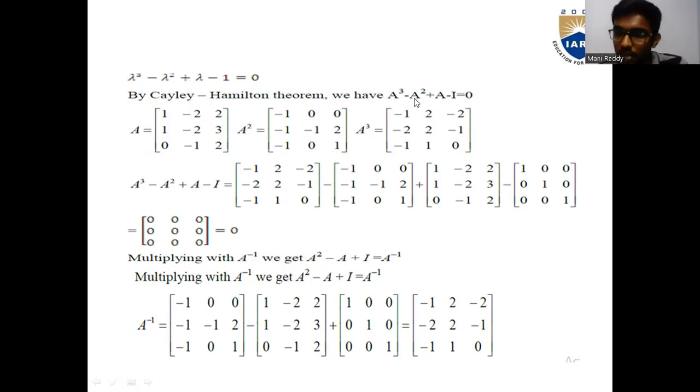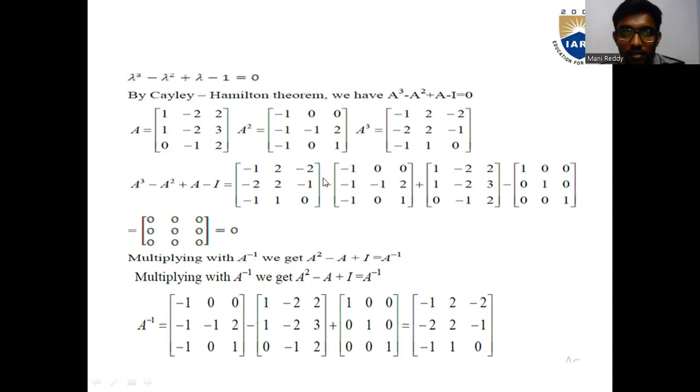Then A square multiplied again with A gives A cube. I hope you know how to multiply matrices; we need not teach matrix multiplication in this lecture.